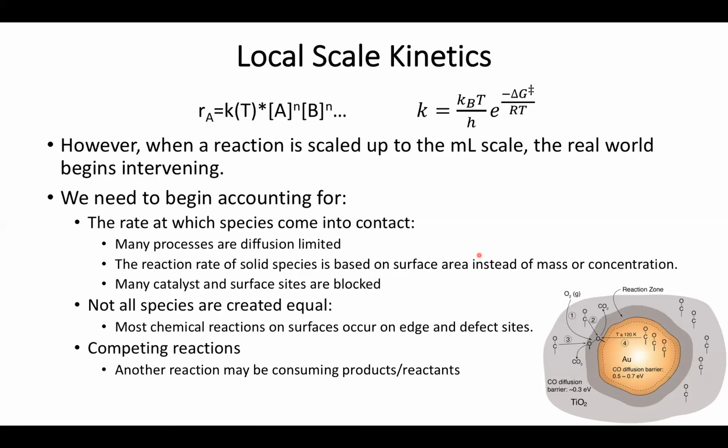And a lot of this is occurring not so much on the scale of the elementary reactions, but when I have to tie a lot of reactions together for a complete reaction chain. Related to this, I may have catalytic or surface sites becoming blocked by some of these unintended products.